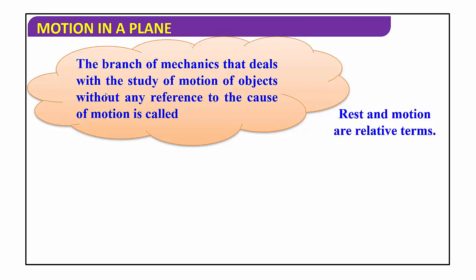Kinematics does not consider any reference to the cause of motion. Without any reference, we simply study the motion of the object, so we call it kinematics. What is kinematics? The branch of mechanics that deals with the study of motion of objects without any reference to the cause of motion is called kinematics.